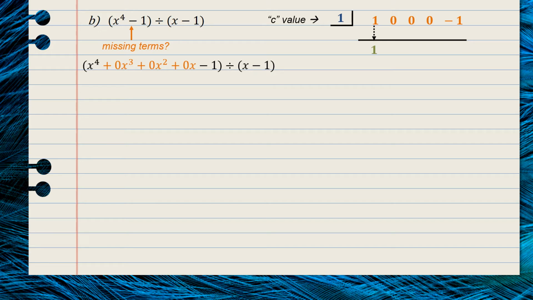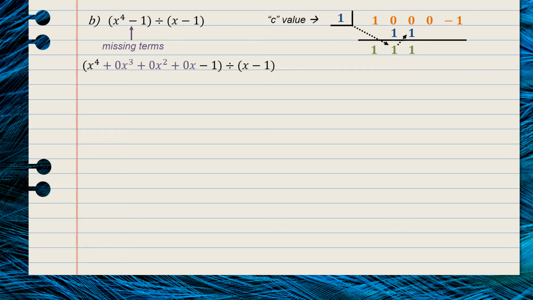And now we start the little dance of multiply and add. So we multiply 1 times 1, which gives us 1. And now we add 0 plus 1 is 1. Now let's do it again. We multiply 1 times 1 and get 1, and we add.